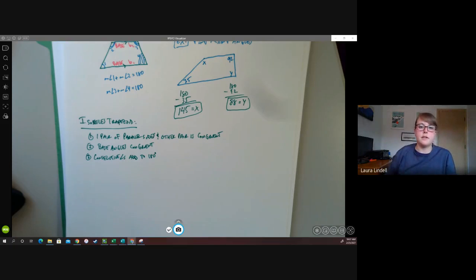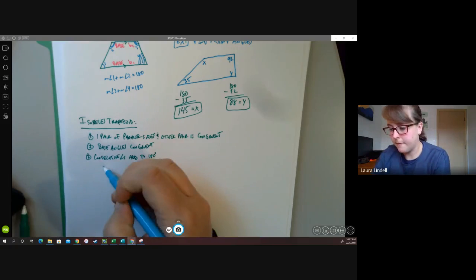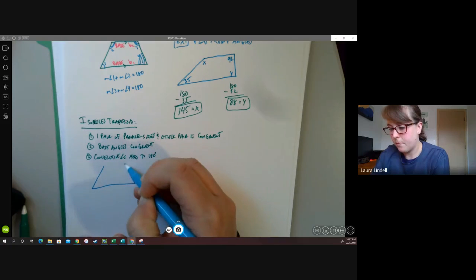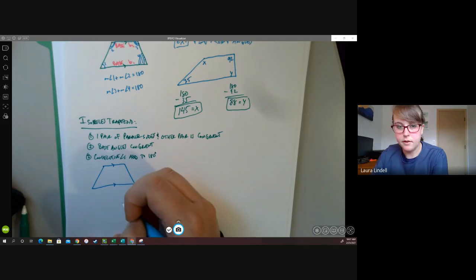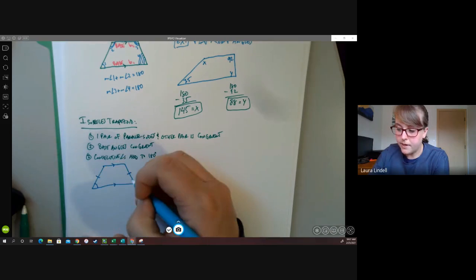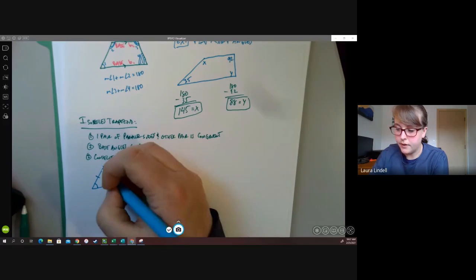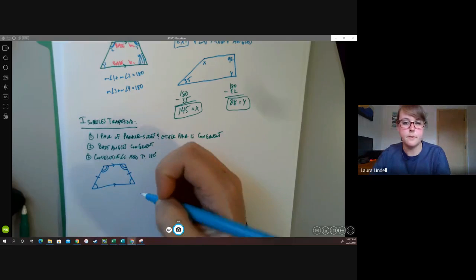So what we're looking at here, if we're drawing a picture, is that we have a pair of parallel sides, we have a pair of congruent sides, and then these are the base angles, and they are congruent, and these are also the other set of base angles that are congruent to each other.